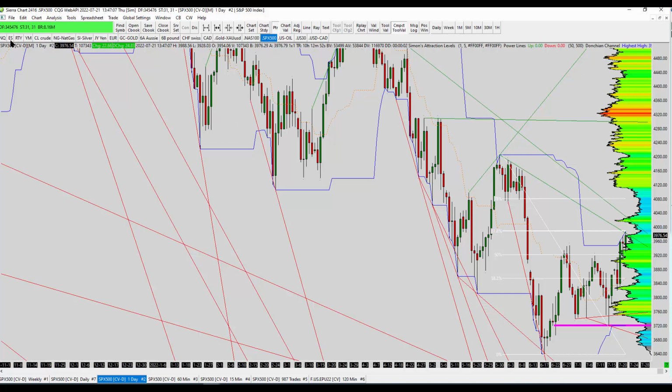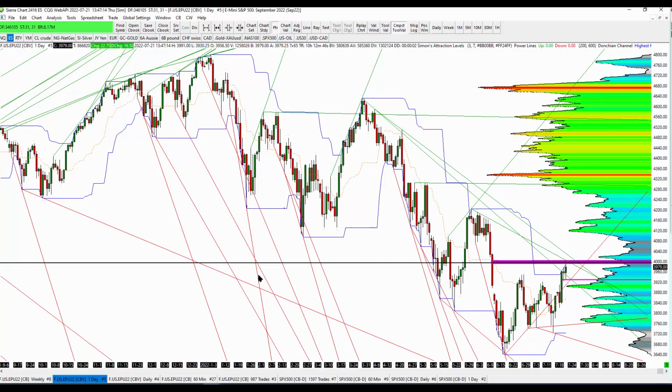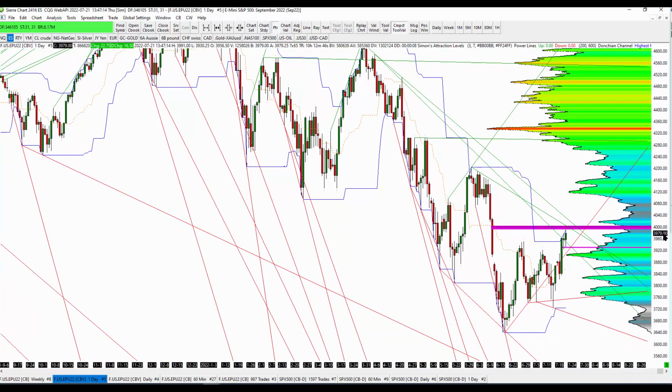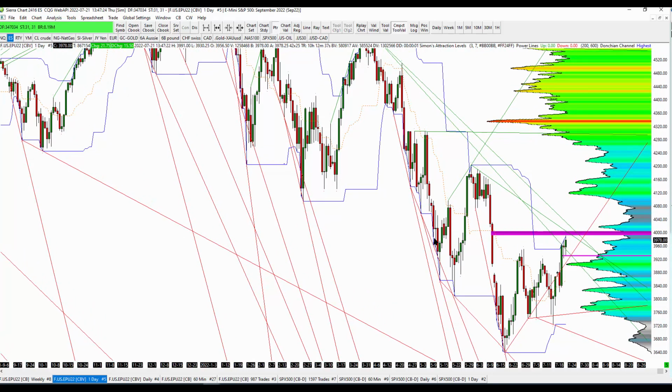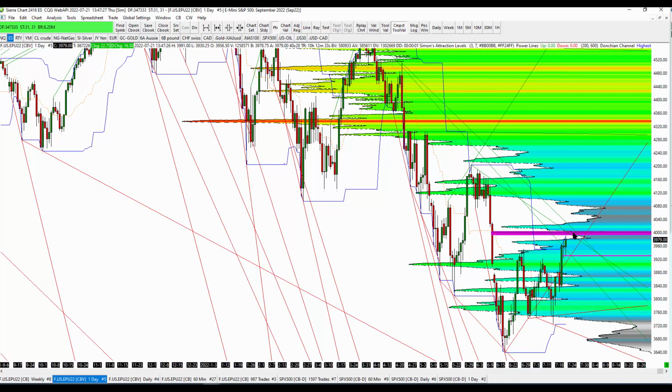So now let's go back to the ES, the E-mini S&P futures side, to explain the difference. You notice there is a major attraction level that showed up right at the top, right here, and this indicates a major rejection as well.